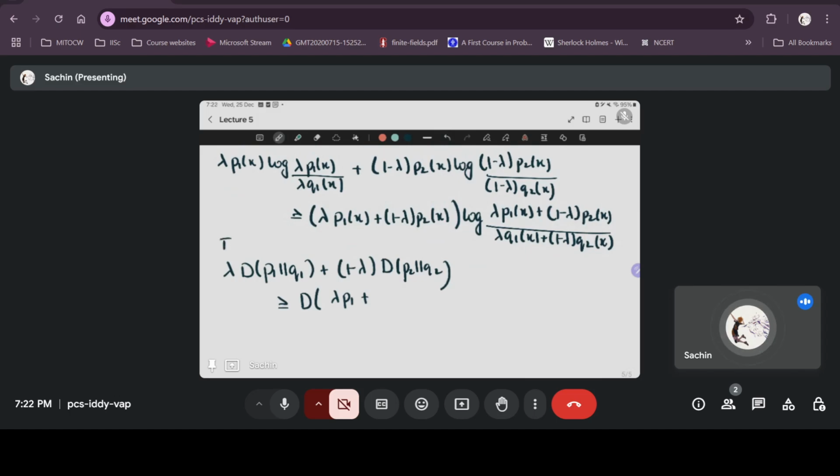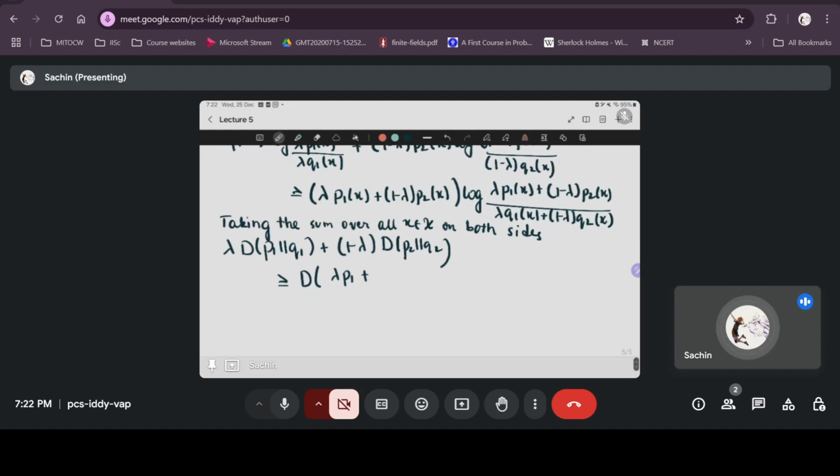Okay, so this is for one particular value of x. You have to take the sum over all x in script x on both sides. I'll get summation over all x P1 of x log of P1 of x over Q1 of x, which is d of P1 parallel Q1, and so on for the other terms.